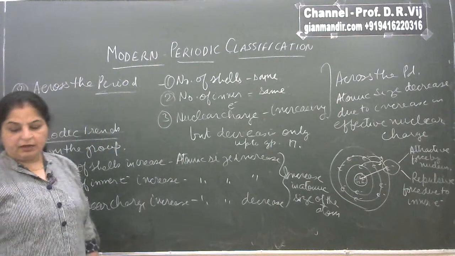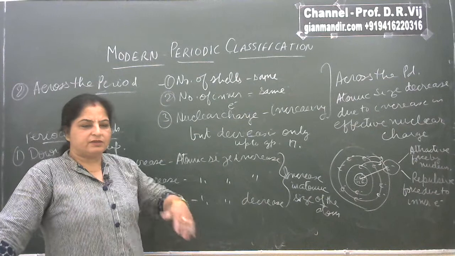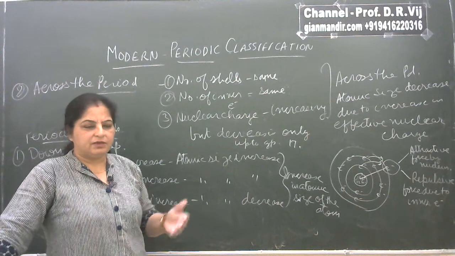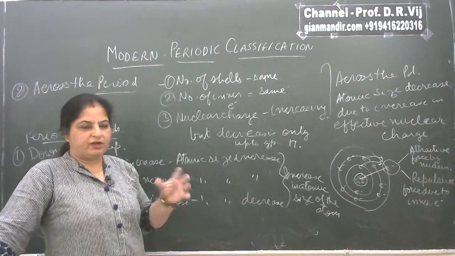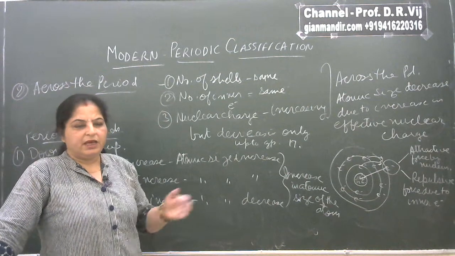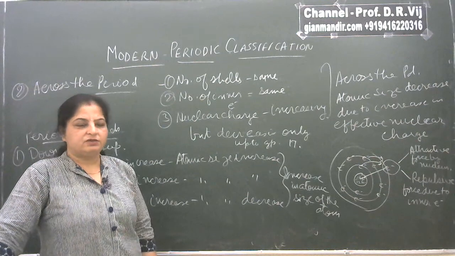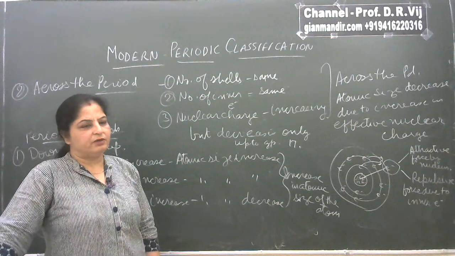In group 18, that is the noble gases or inert gases, there is a sudden increase in atomic size, because in noble gases the outermost shell is completely filled, so many electrons are there, and these electrons repel each other, because of which the size of the atom suddenly increases, right?